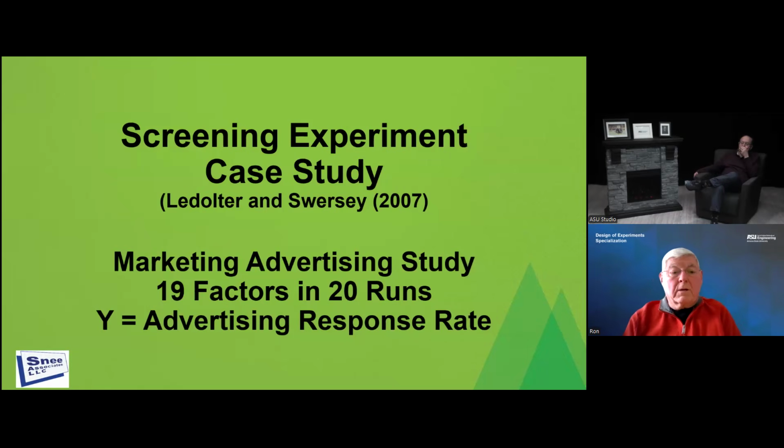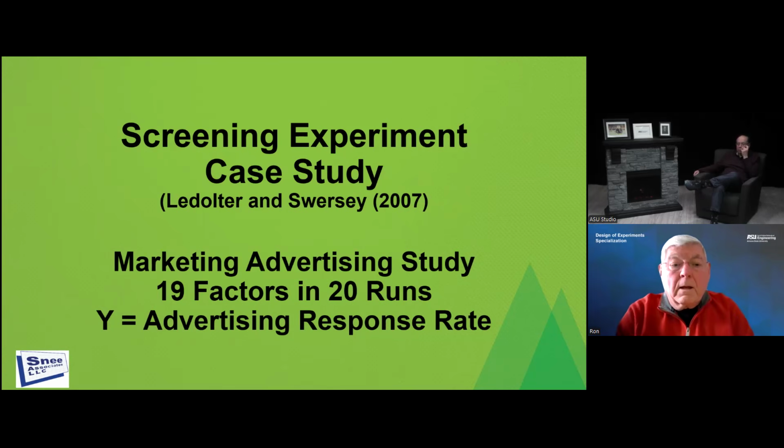So here's one. This is a marketing advertising study, and they screened 19 factors in 20 runs. And the response was the advertising response rate. And so what they were trying to do was find different ways, if I can find my notes here, is that they were sending out, I want to get this right.